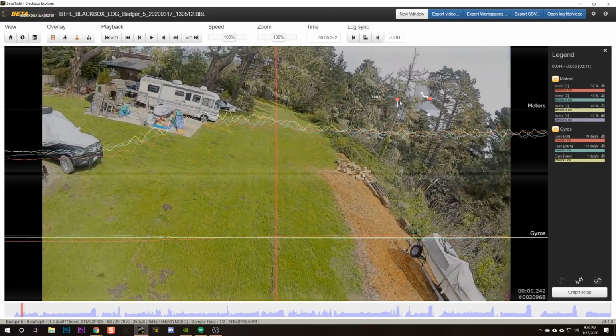So whenever we've got uncommanded motion of the quad, the very first thing I want to do is check to see if the quad is actually being commanded to do the supposedly uncommanded thing. One way to do that is with Blackbox by looking at the stick overlay. Another way is, with Betaflight 4.0 and newer, you can put the stick overlay in the on-screen display. And if you see that stick moving when you're not actually moving the stick, you know something is wrong.